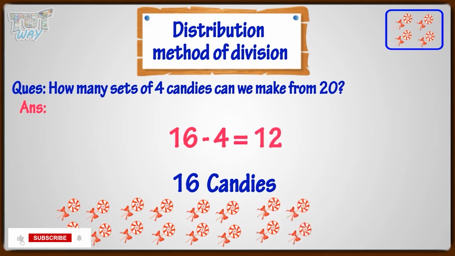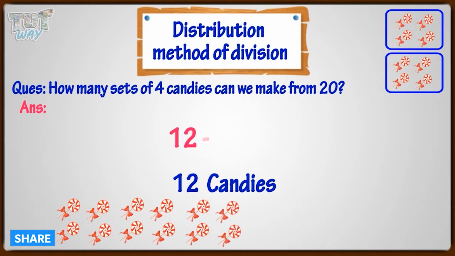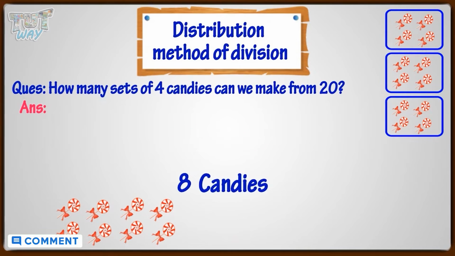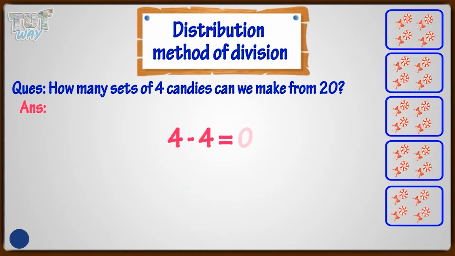Again, subtract 4, we get 12. Again, subtract 4, we get 8. Again, subtract 4, we get 4. Once again, subtract 4, we get 0.